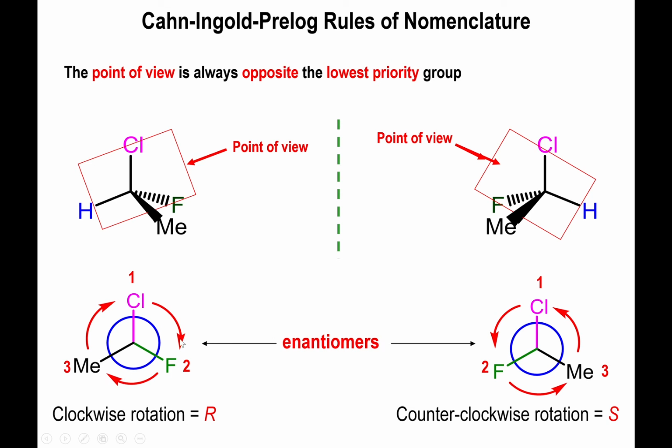So this is what makes the distinction. The rotation going clockwise is what we call an R rotation, whereas the rotation going counterclockwise is what we call an S rotation. And this ultimately comes from the German words for clockwise and counterclockwise. So R stands for clockwise, S stands for counterclockwise rotation.